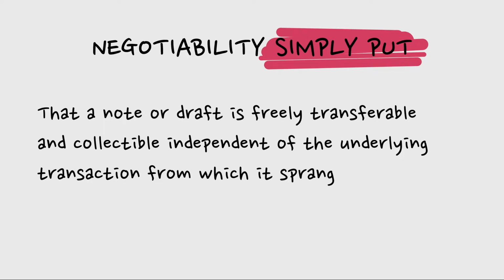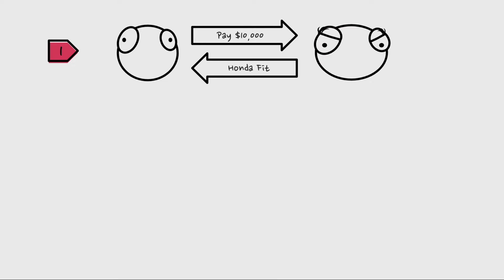Meaning that the note or the draft can be transferred to other parties, and it is able to be transferred and collected on regardless of the fact that there might have been an underlying transaction, a contract from which it sprang, and regardless of how that transaction unfolded, that instrument would be freely transferable and collectible independent of that underlying transaction. So let's look at an example.